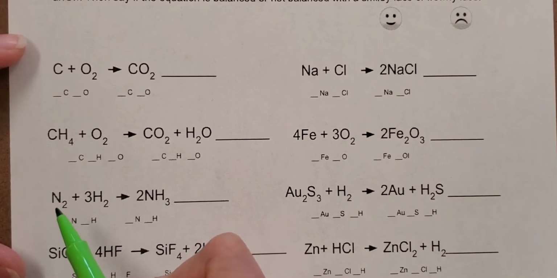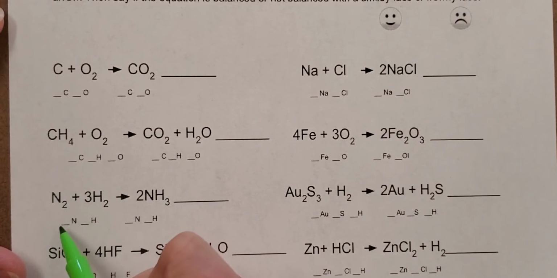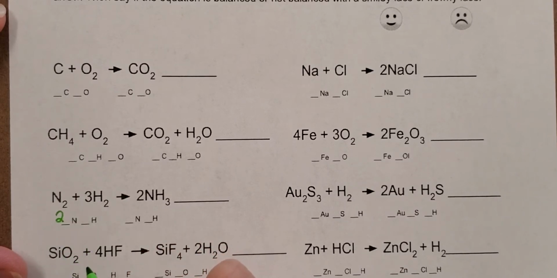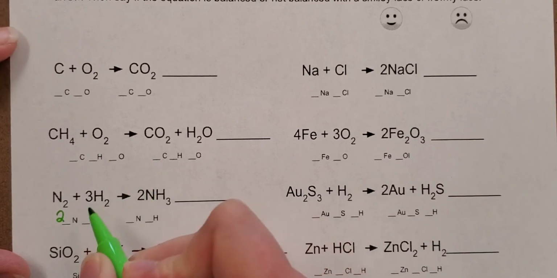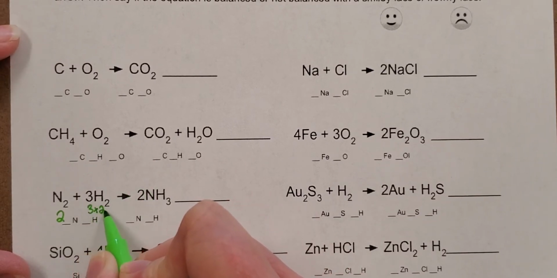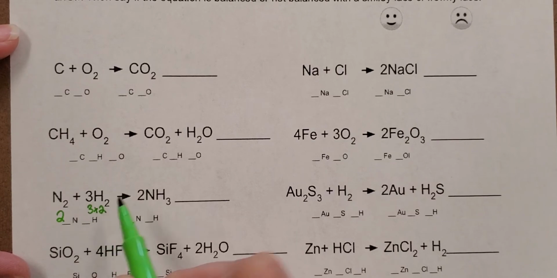So I have N2, so this is nitrogen gas. It's best to do this in pencil, guys. I'm doing it in this so you can see it easier. So I have 2 atoms of nitrogen, and then I need to figure out how many hydrogens. So 3 times 2, because that's a coefficient. So I have 6 hydrogen atoms.